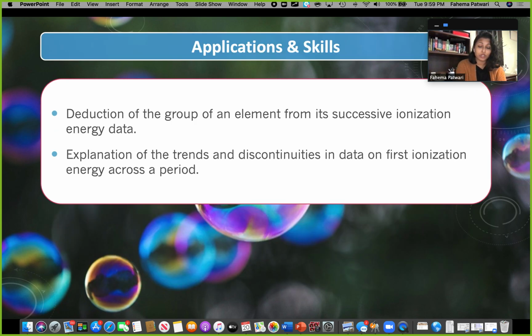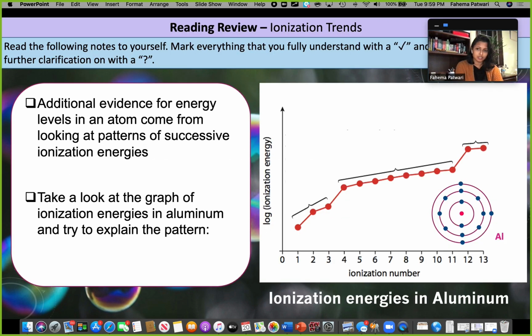And you should be able to figure out what group an element is in based on seeing its successive ionization energy data. You should be able to explain the trends and any gaps in the data in the trends across the period. Okay, so here we see a graph of ionization energy for an element, right?